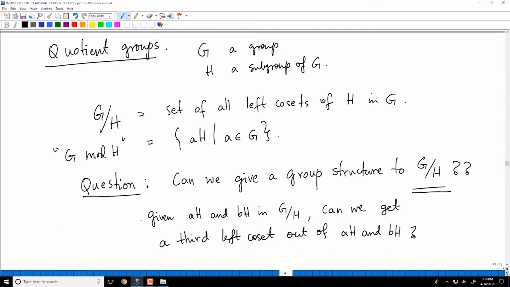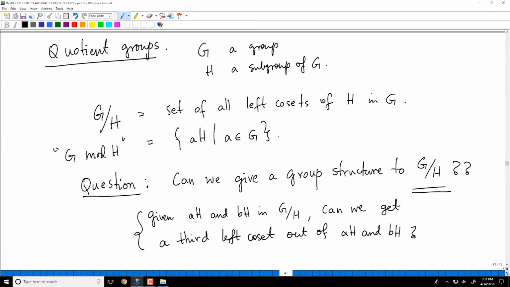Okay, so this is the question. So the question is, can we give a group structure to G mod H? And in order to do that, first we want to define a binary operation in G mod H, so that when you apply that to two cosets aH and bH, we get a third coset. Okay, we want to do this in general.